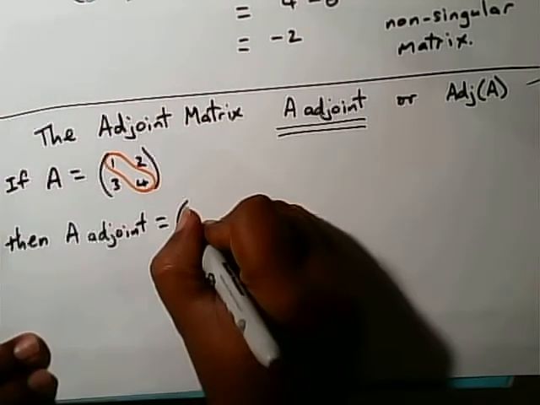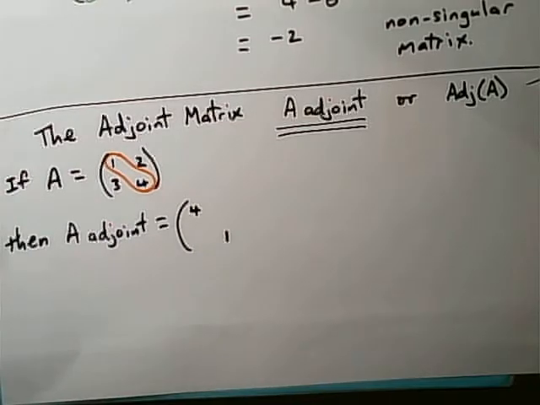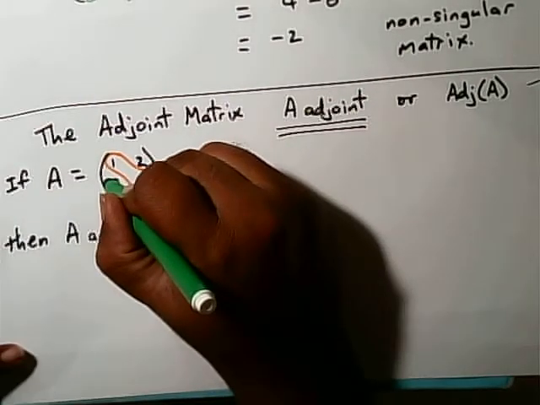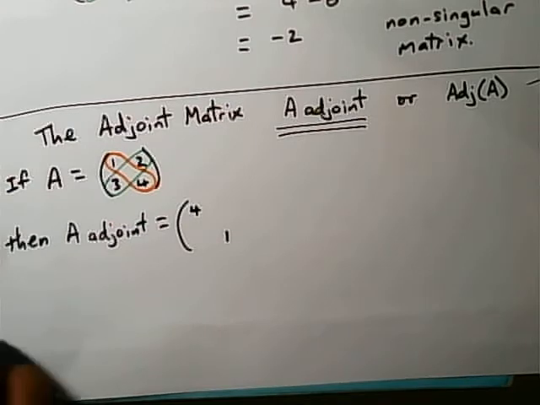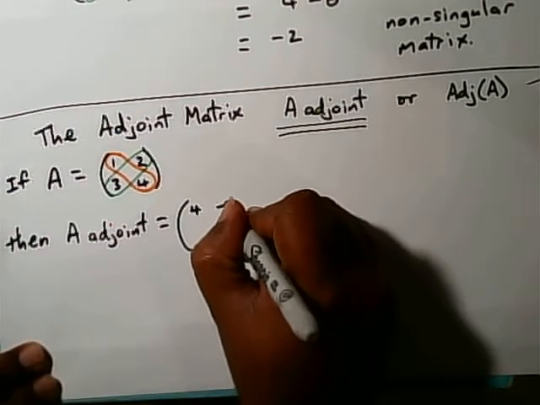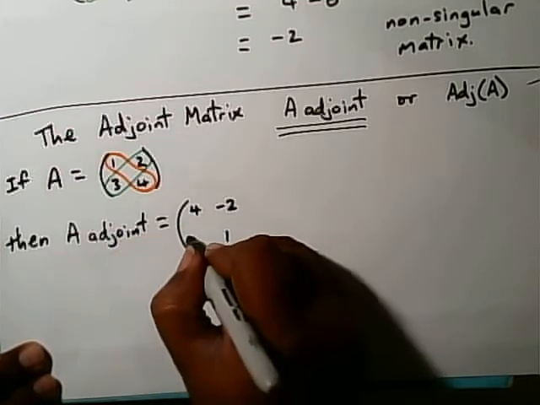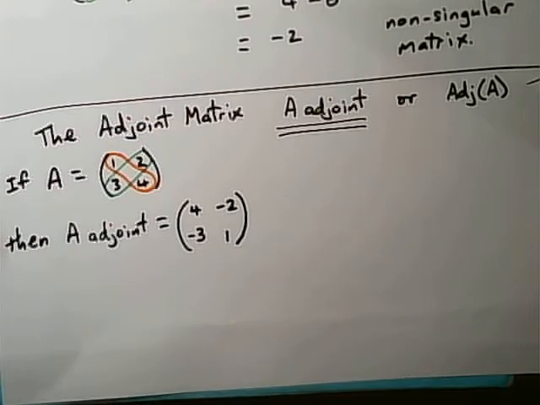So that means that the 4 will come up here and the 1 will come here. And then what we do to the second diagonal is we change its sign. We don't swap it. We just leave it right there. But instead of a positive 2, it's now a negative 2. And it'll be a negative 3. Ta-da! We're done. That is A adjoint.